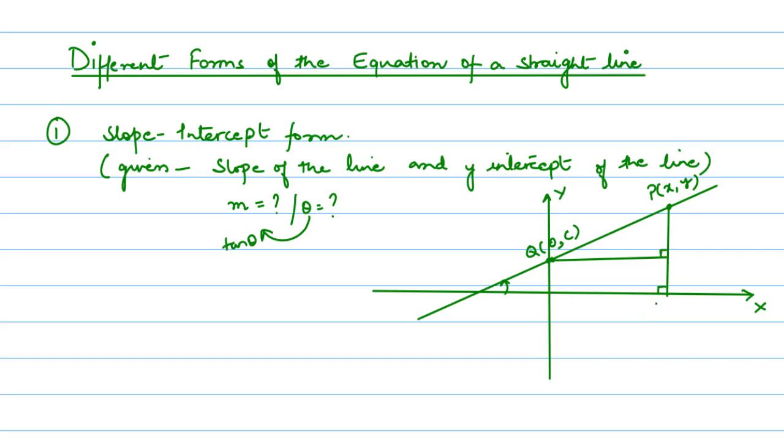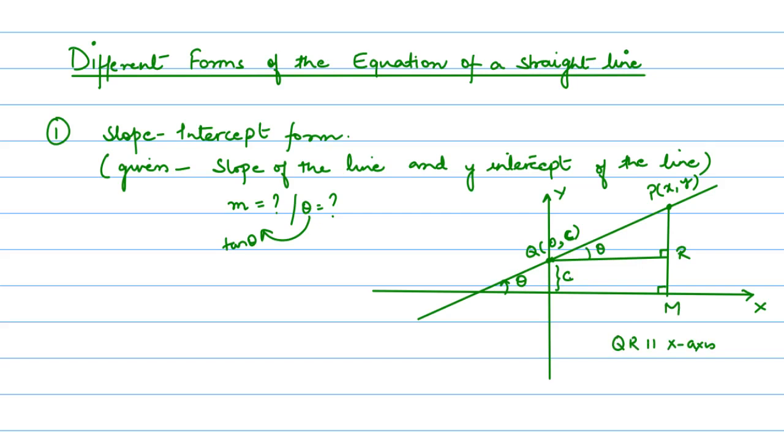Now, if you look closely, what is this length? This length would be C, the y-coordinate of this point. Let this angle be theta, the angle of inclination. Let this point be R and this be M. QR is parallel to the x-axis, therefore this angle will be theta.